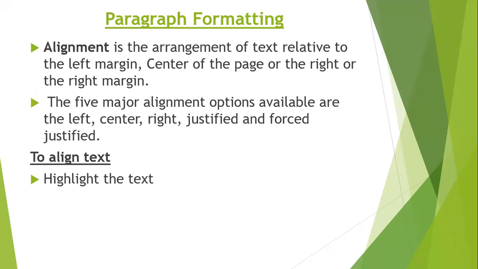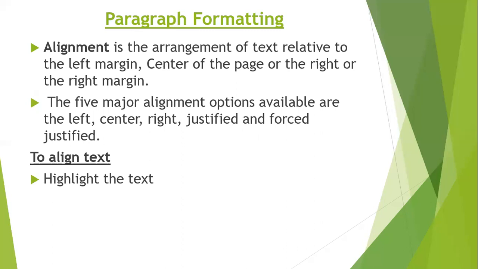Alignment is the arrangement of text relative to the left margin, center of the page, or right margin. The five major alignment options available are left, center, right, justified, and fully justified.